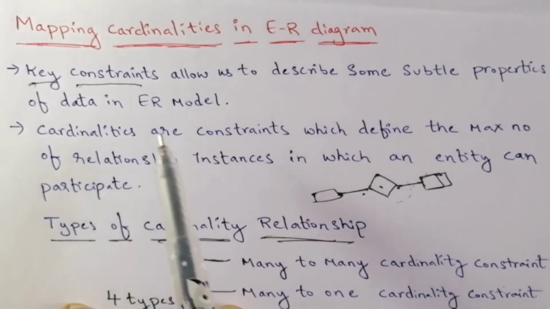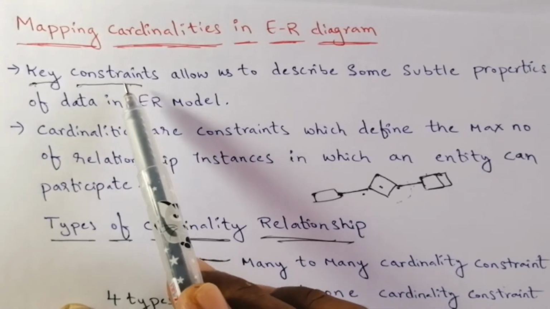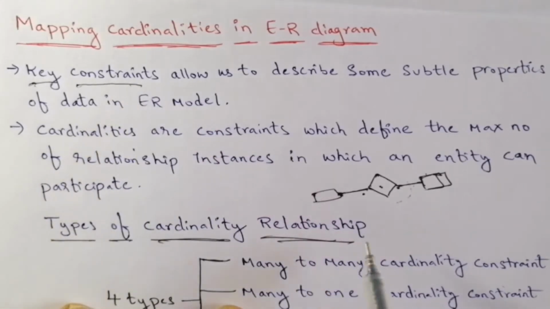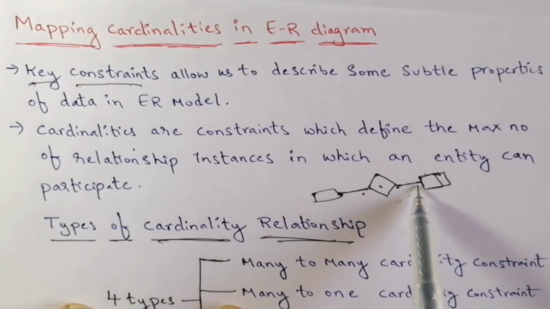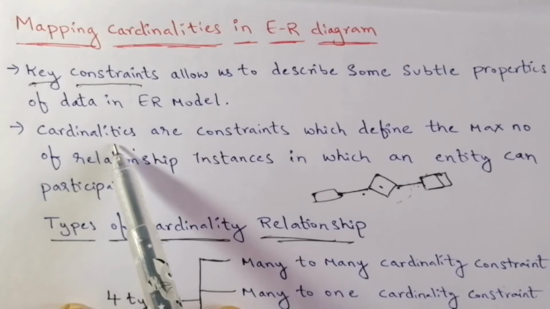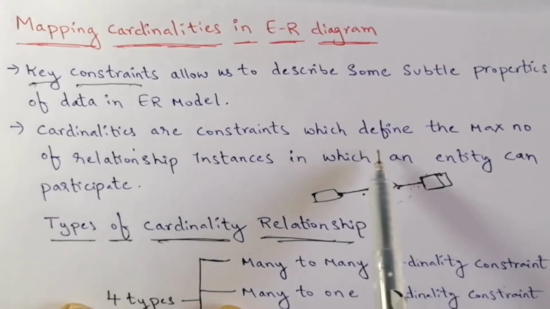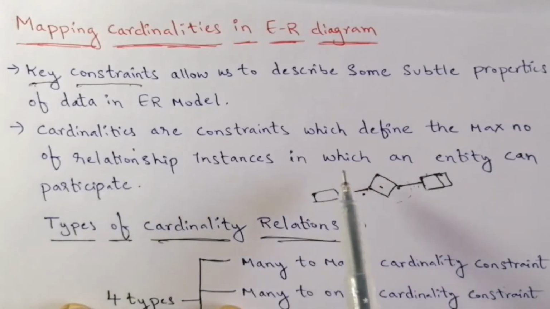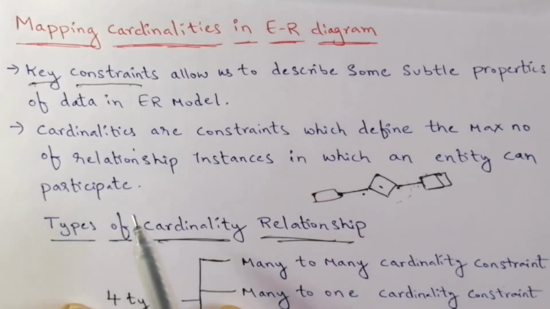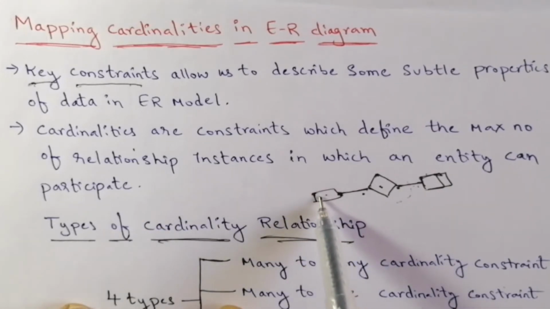So mapping cardinalities are one type of key constraint. Key constraints give us these features to give some properties to the data in the ER model, and mapping cardinalities are one such key constraint which defines the maximum number of relationship instances in which an entity can participate, right? Every entity has some values from tuples.